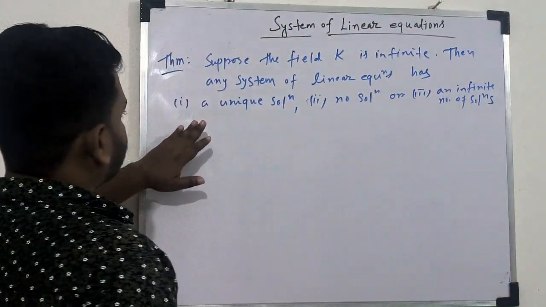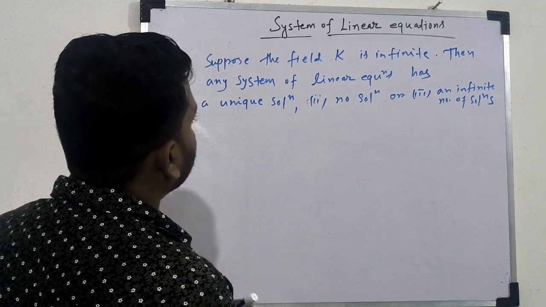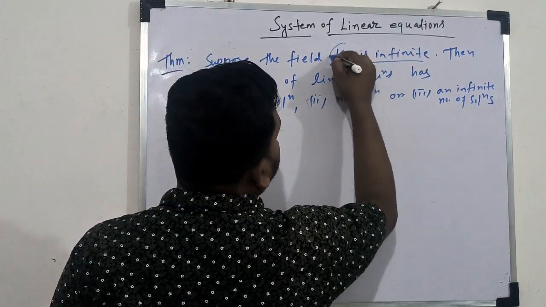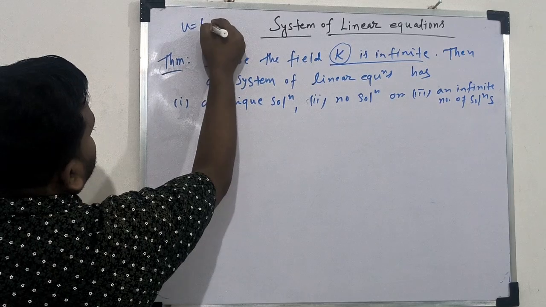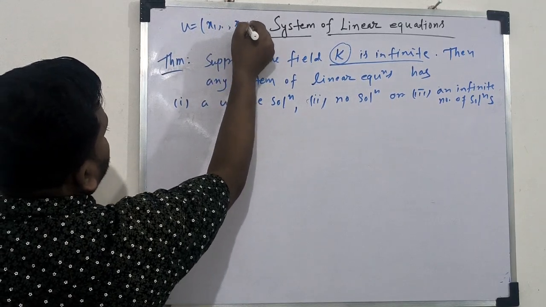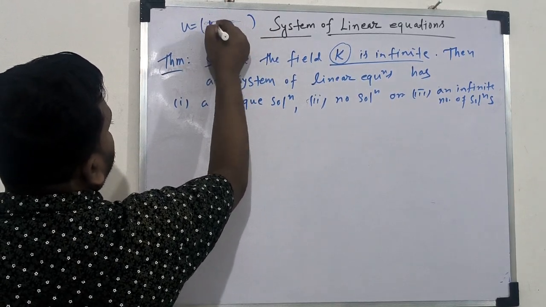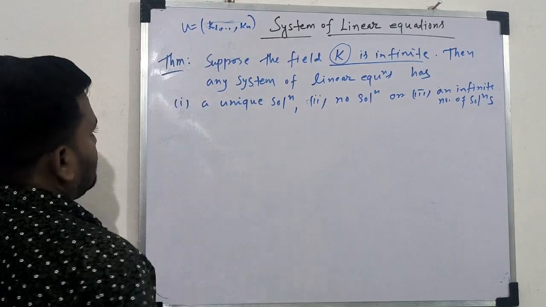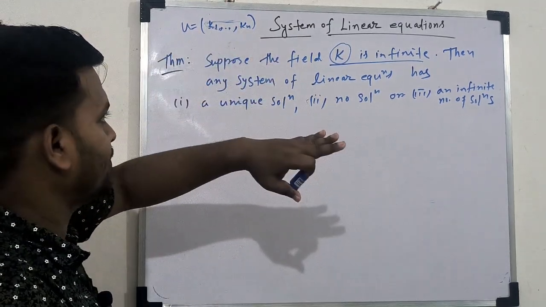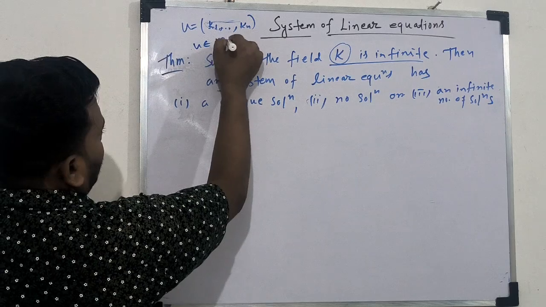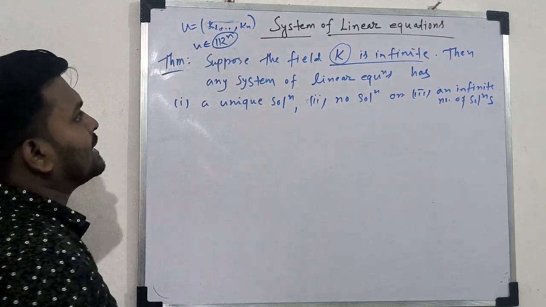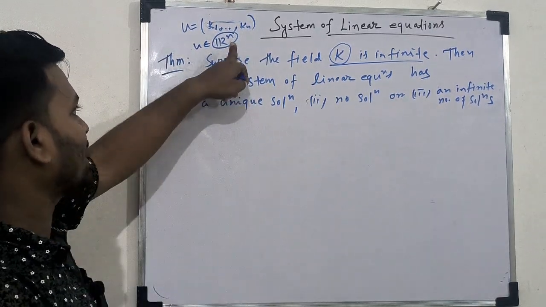So there is a theorem. Suppose that the field K is infinite. So we say that U is x1 dot dot xn, or k1 dot dot kn, a solution of the system. So here U belongs to Rn, and R we take as a field.